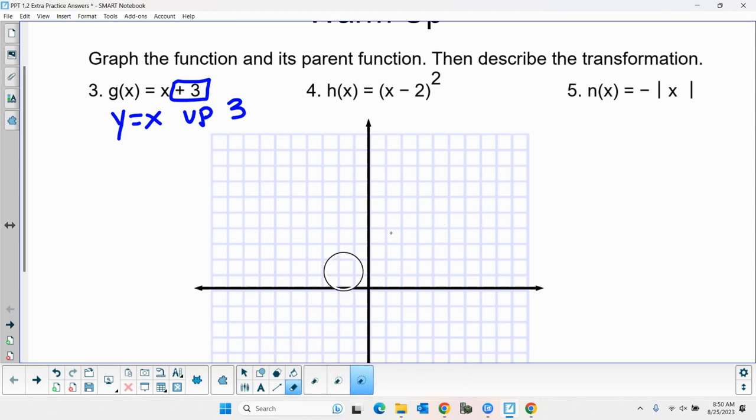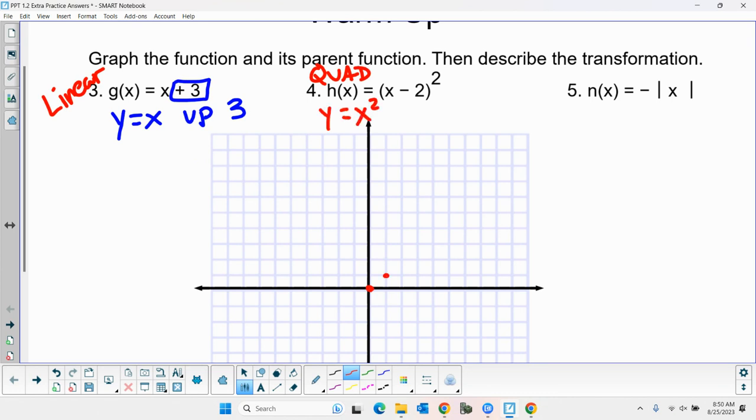The parent function for the quadratic, okay, this was linear. Let's go with this. This one was quadratic, which is 0, 0. Remember, that's y equals x squared, right?